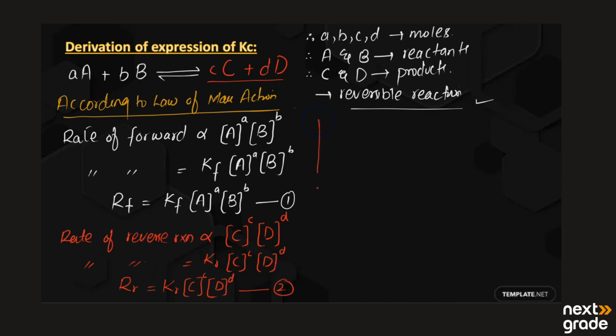Now how can we find it out? Let's have a look at the state of equilibrium. At the equilibrium state, the rate of forward reaction becomes equal to the rate of reverse reaction.